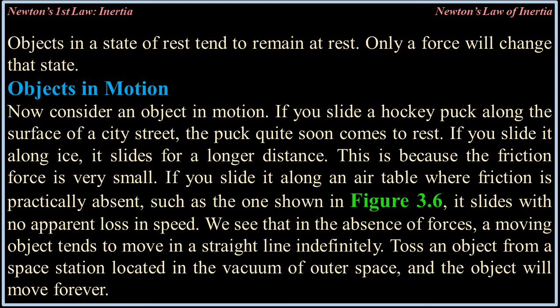If you slide it along an air table where friction is practically absent, such as the one shown in figure 3.6, it slides with no apparent loss in speed. We see that in the absence of forces, a moving object tends to move in a straight line indefinitely. Toss an object from a space station located in a vacuum of outer space, and the object will move forever.